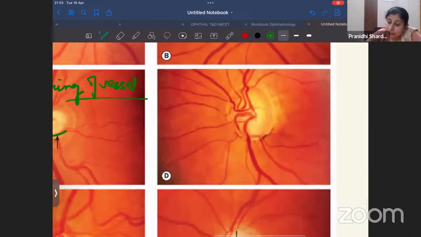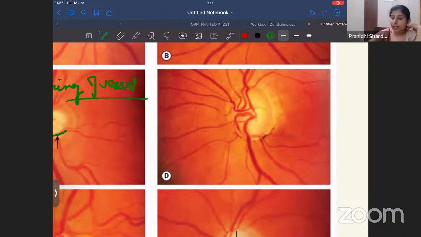Next, this is the bayoneting sign. What is happening in glaucoma is there is an increase in the cup. The cup is becoming deep. The optic cup is becoming deep. So the vessels have to travel a longer distance whenever they are coming out of the disc. So they are taking a sharp bend. Whenever they are coming from a deeper area, they will take a sharp bend as they come out of the optic disc.